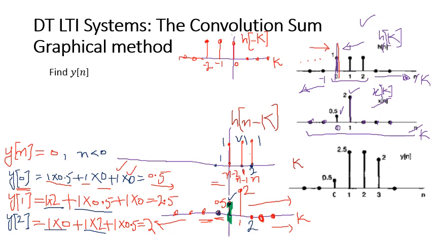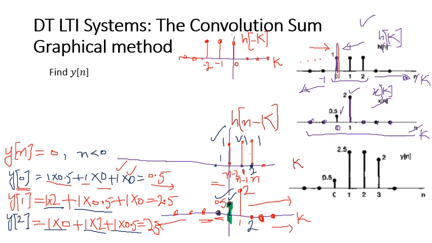Now we multiply this one with 0.5, which is mentioned here. So 1 multiplied by 0 is 0, 1 multiplied by 2 is 2, 1 multiplied by 0.5 is 0.5, so that means it will result in 2.5 again.